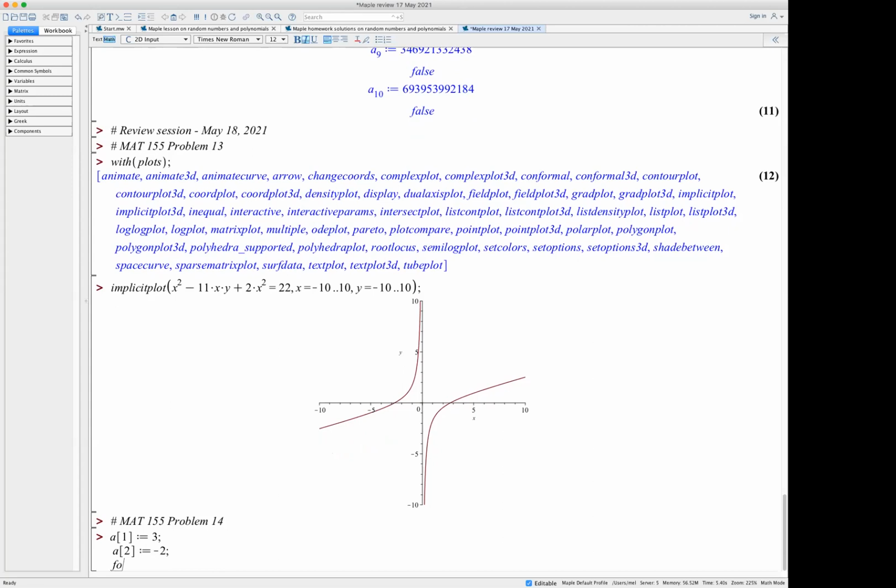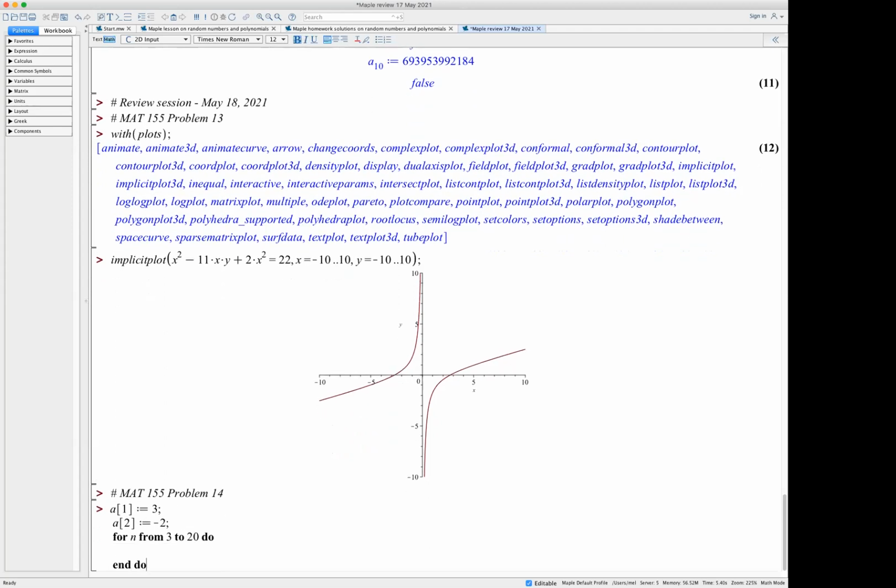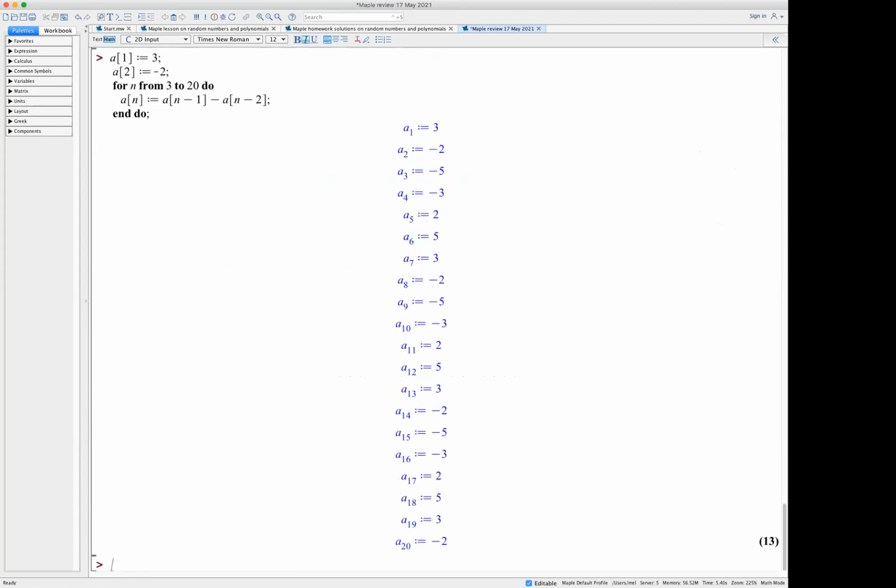We have the first two, so we can start: for n from 3 to 20 do. And I always like to put in my end do. And now I want to define the nth term of the sequence to be equal to the (n minus 1)th term minus the (n minus 2)th term.